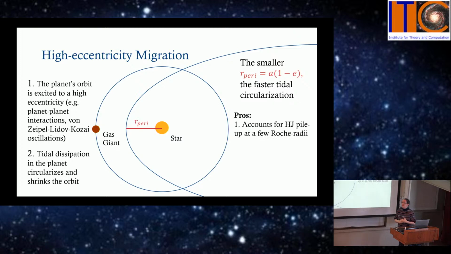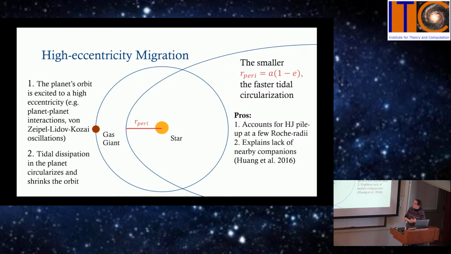There's a few advantages of this formation mechanism in terms of explaining observed hot Jupiters. One is that it naturally accounts for a pileup at a period that corresponds to a few Roche radii. So just by nature of needing the pericenter to be in a sweet spot, that sort of gives you a period range for the final hot Jupiters.